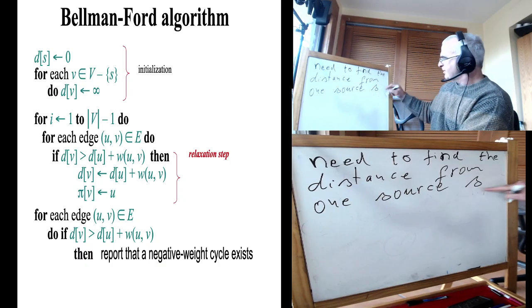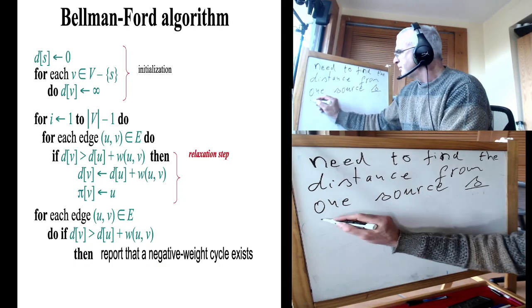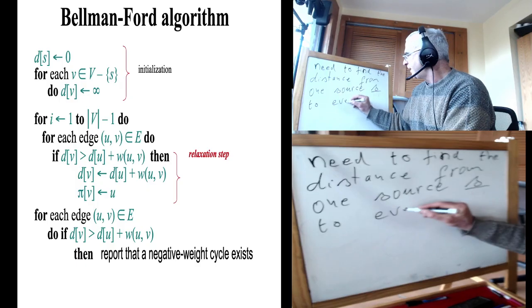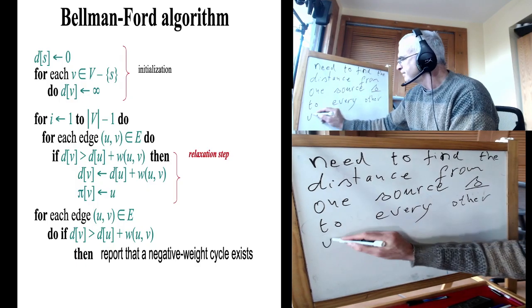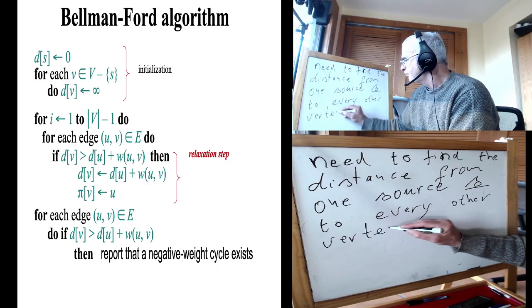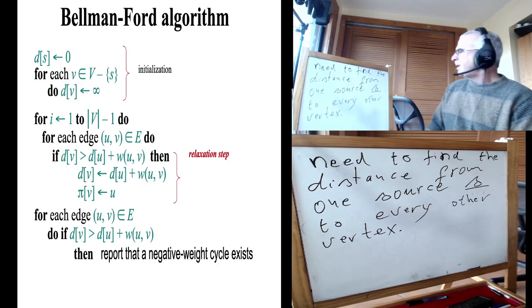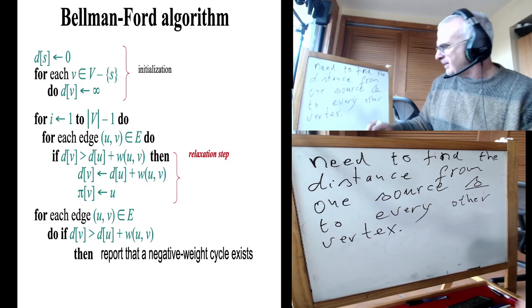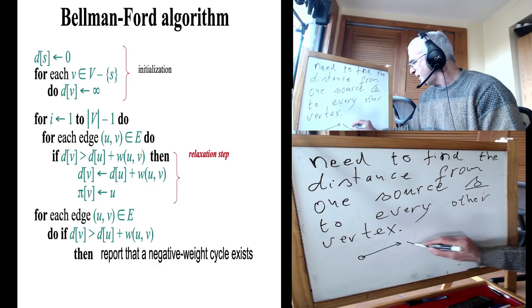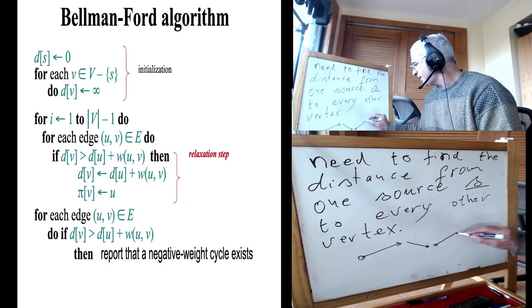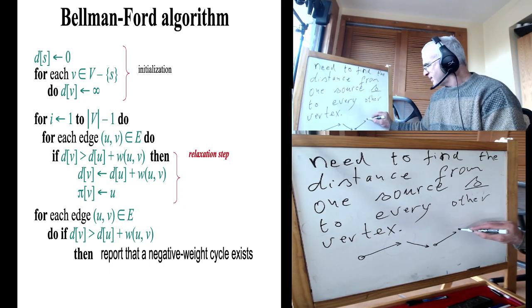The name of the source is S, to every other vertex. And the distance in a graph is just the length of the shortest path that leads to this vertex.